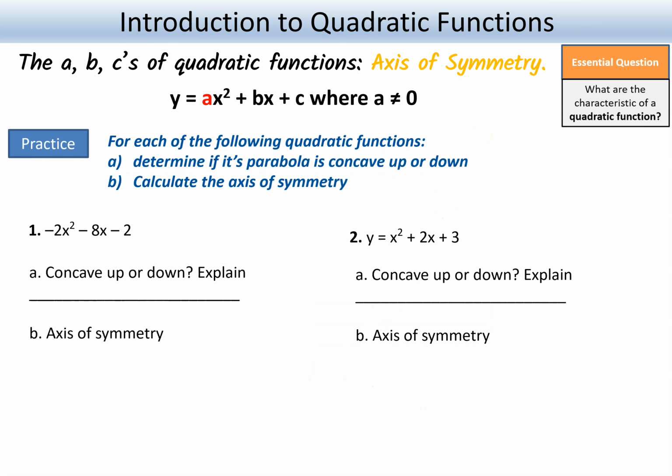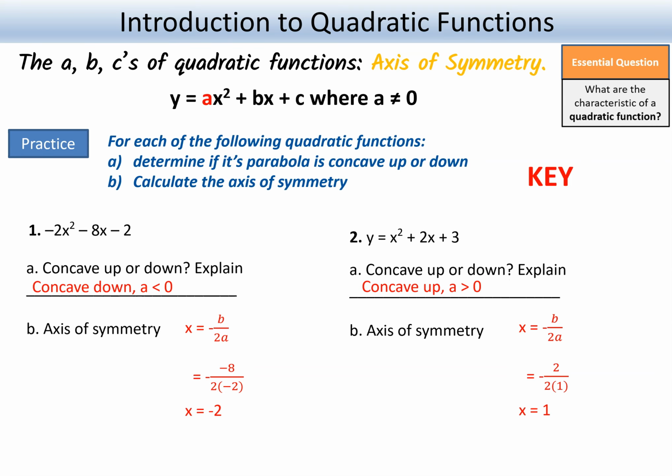So let's practice a little bit. Let's see if you can determine if the parabola is concave up, concave down, and calculate the axis of symmetry. Okay, so the first one is concave down because our coefficient a is less than 0. And our axis of symmetry for the first one is x equals the opposite of b divided by 2a.